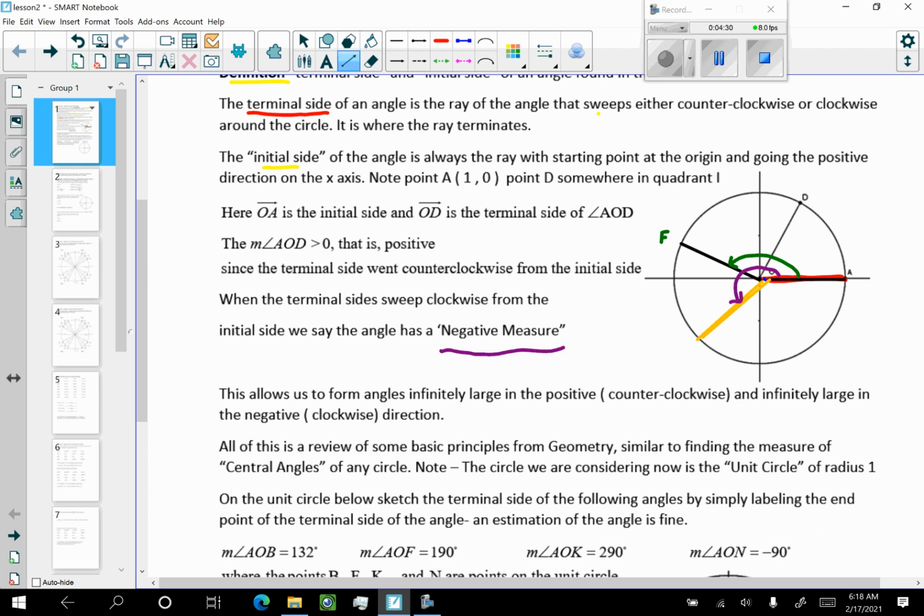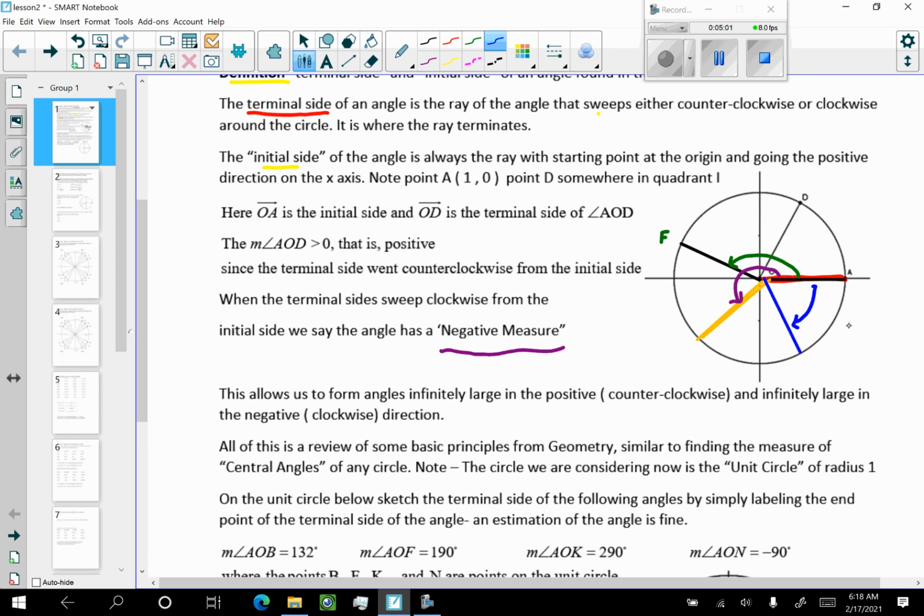And if I can start this bad boy and go negative, and these are negative angles. So that angle right there has a negative measure. So this is a very important discussion. Certainly easy to see during a video, very hard to see two-dimensionally. Okay?